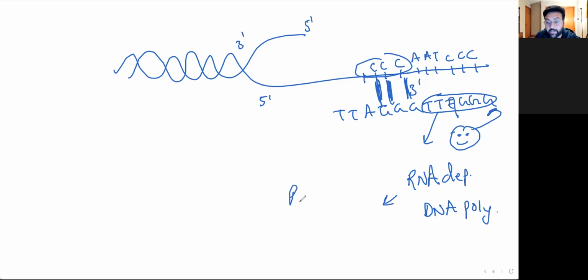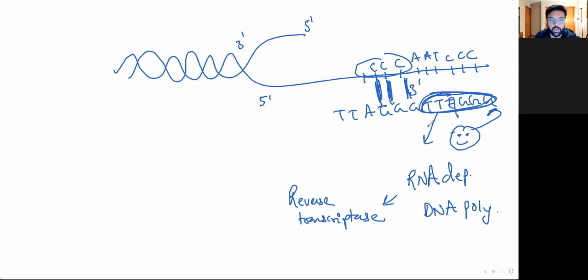So it is also called reverse transcriptase, correct? It's reading RNA and making DNA, just like HIV. This is the RNA template, and it's making DNA out of it. So you read RNA and you make DNA.